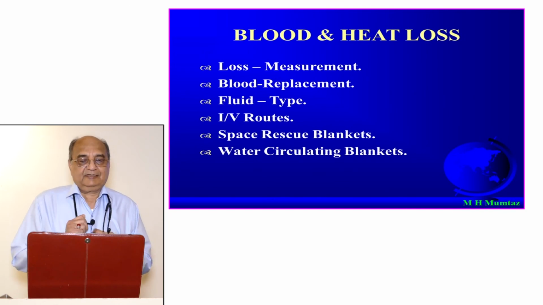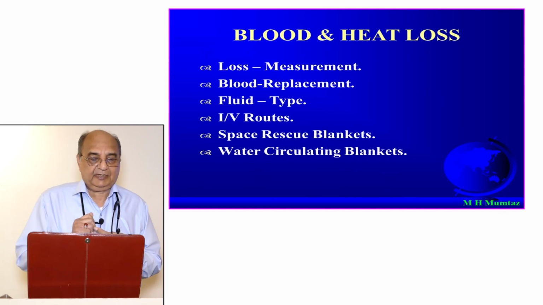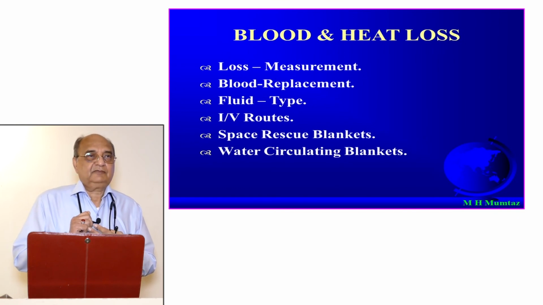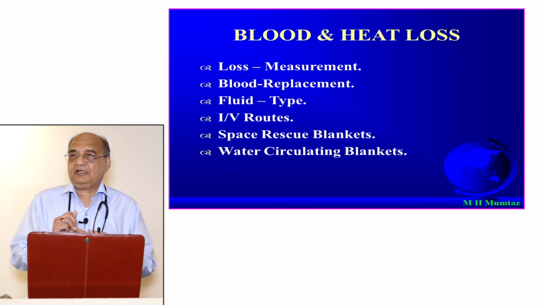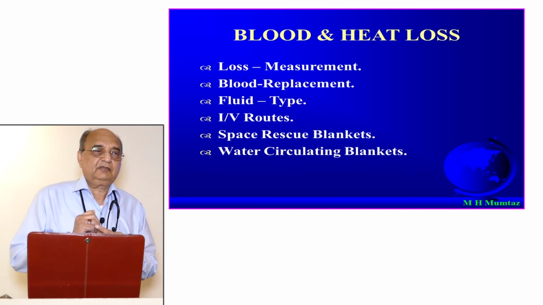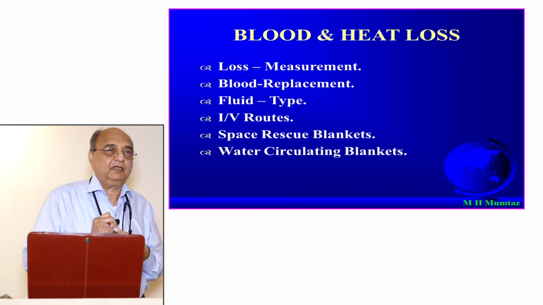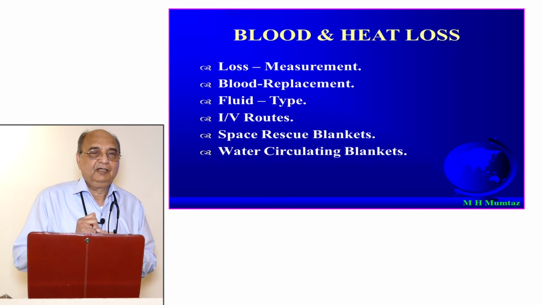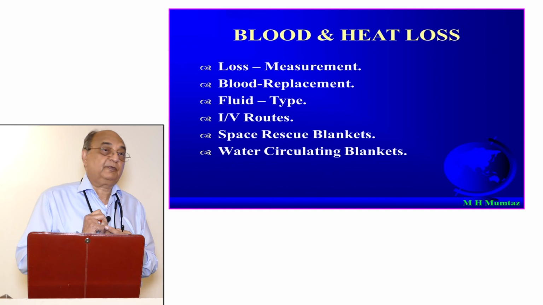Blood and heat loss. You measure the blood loss and replace the blood. In case of an adult, if more than 15% of the blood volume is lost, provided your hemoglobin and hematocrit were normal before you started anesthetizing the patient, it should be replaced by blood.